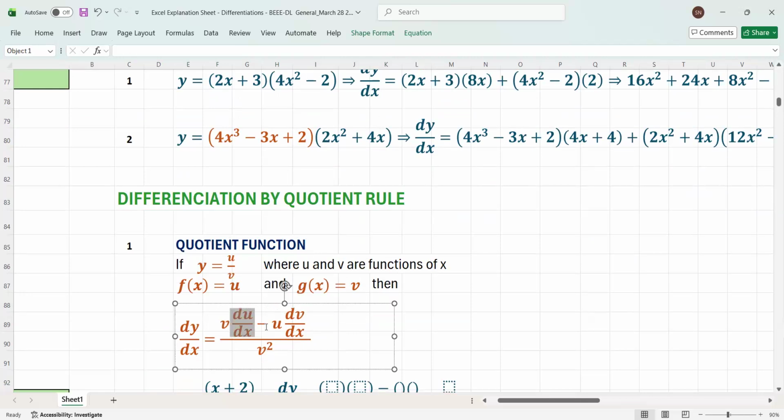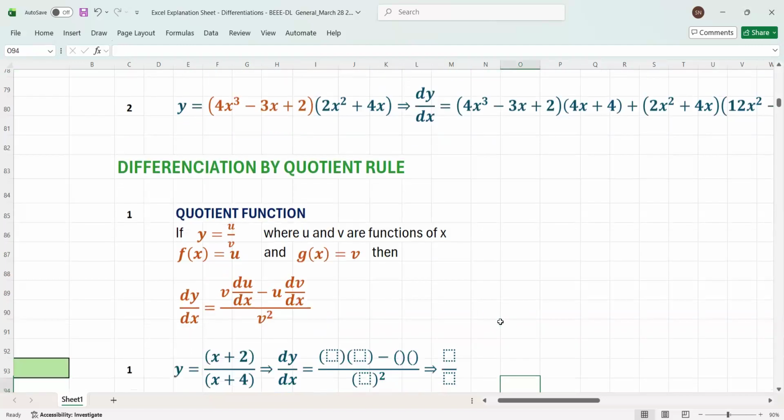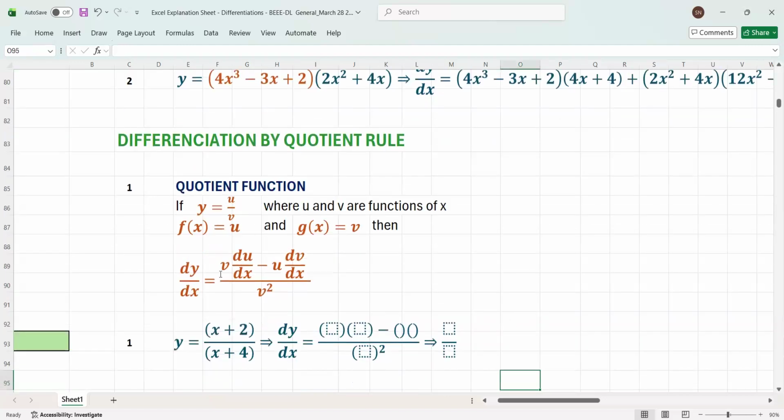And then you subtract. This time you are not adding, you subtract. Now you keep the numerator constant and then differentiate the denominator. So v du dx minus u dv dx, and then all divided by the denominator squared, okay? So quotient rule is a little bit different, but the same thing works.